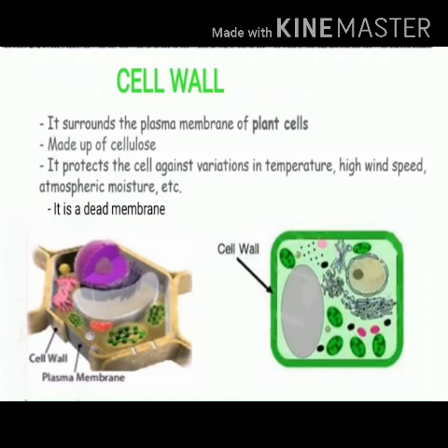So what are the main features of the cell wall? The cell wall is found only in plant cells. It is the protective dead wall of the cell. The cell wall also gives shape and support to the plant cell. It protects the plant cell from the changes taking place in the outer environment. So here I am going to stop, students. Thank you.